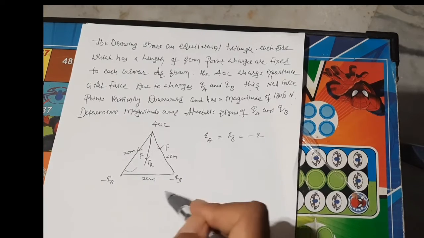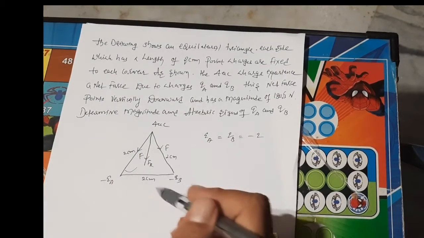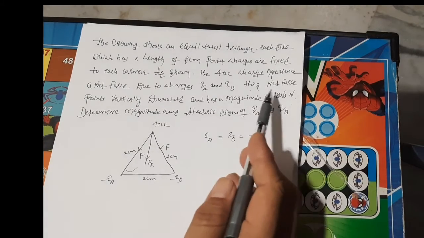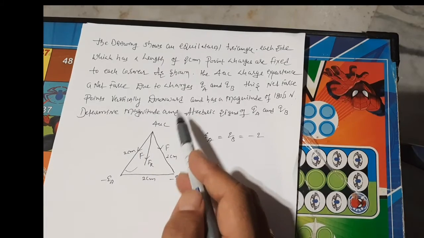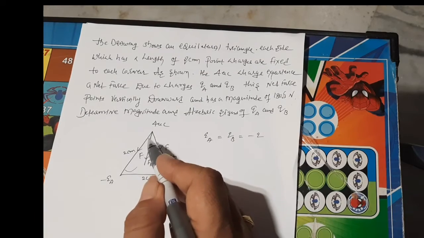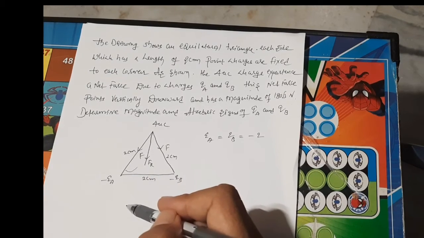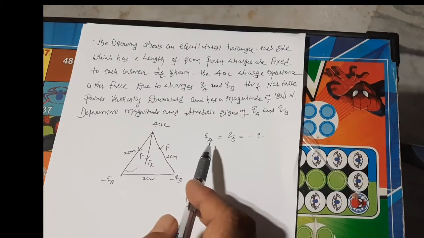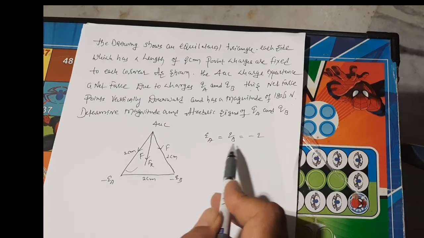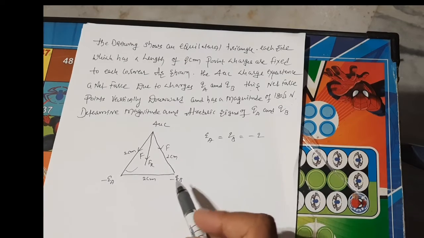For example, if these were positive charges, the net force would act vertically upward. So in this problem, since the net force acts vertically downward, the forces should be the same, acting in the downward direction towards the charges, and the sign of the charges must be negative.